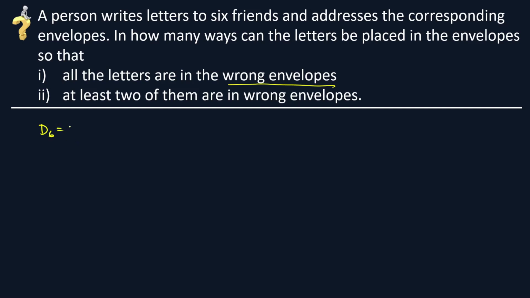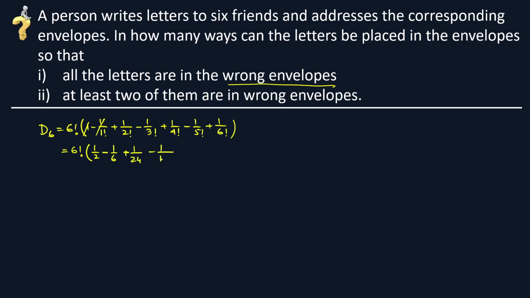So what will be D6? It will be factorial 6 into 1 minus 1 by factorial 1, I'm directly applying the formula. So this is factorial 6 into 1 over 2 minus 1 over 6 plus 1 over 24 minus 1 over 120 plus 1 over 720. So we are actually having factorial 6 into, let me take the LCM, which is coming to 720.